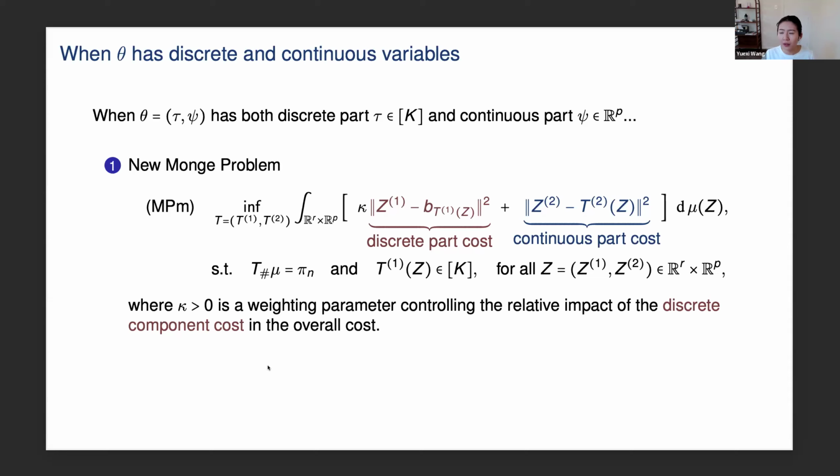But we will show later that in some of the latent variable cases, the cardinality of your discrete components can grow exponentially with respect to your number of observations or your number of covariates. In this case, you want to avoid the discrete component cost dominating the continuous cost, and you will set kappa to be some scaling parameter depending on the sample size.